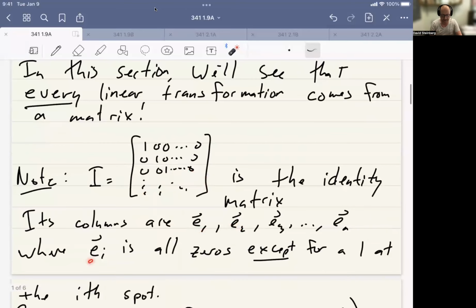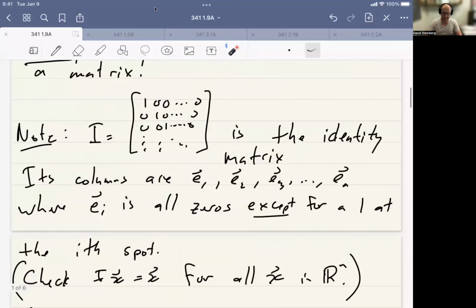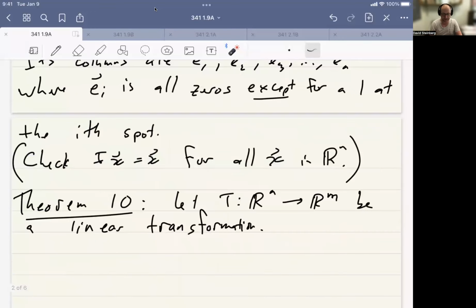In general, the ith column of this matrix has zeros everywhere except for a 1 in the ith spot. And you can check that this matrix has the nice property that if you matrix multiply it with any vector, you get back the same vector again. So it acts like the number 1 does for regular multiplication.